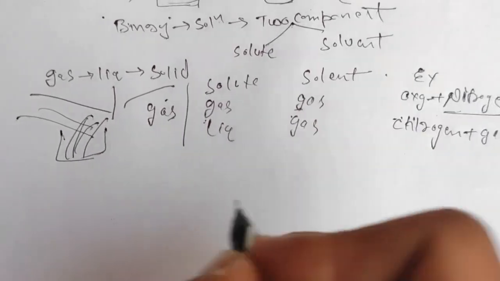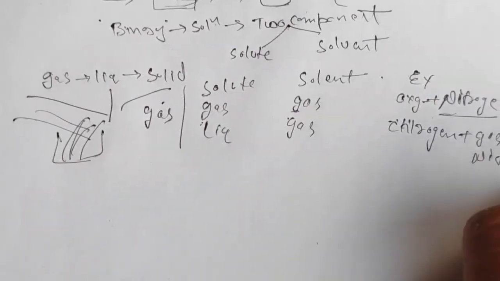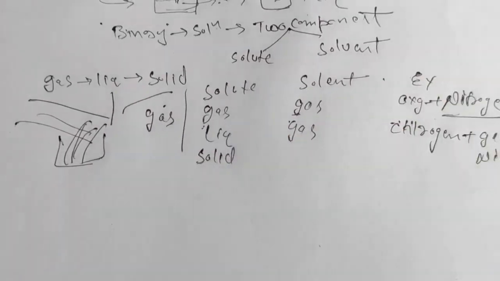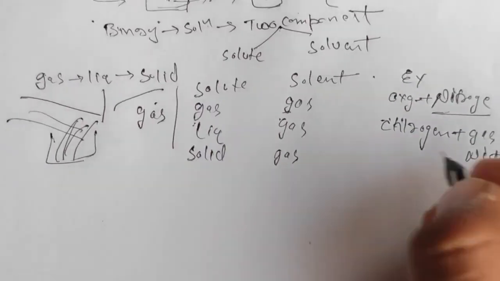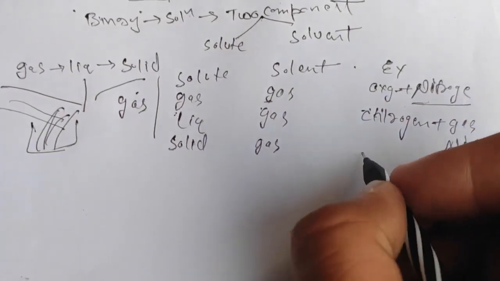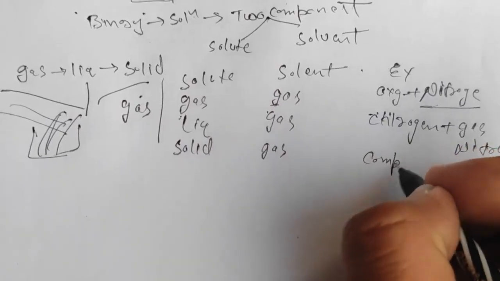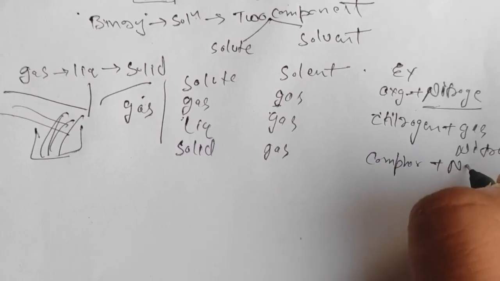Chloroform plus a gas like nitrogen. Third, the solute is solid and the solvent is gas. In this case an example is camphor plus, again, nitrogen.